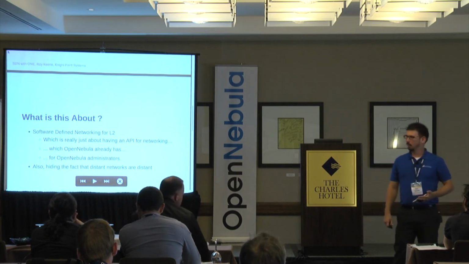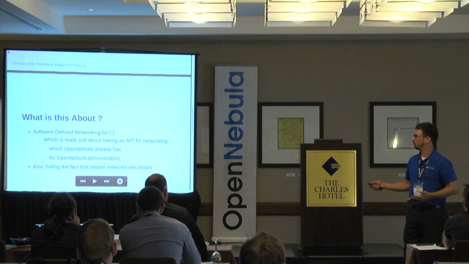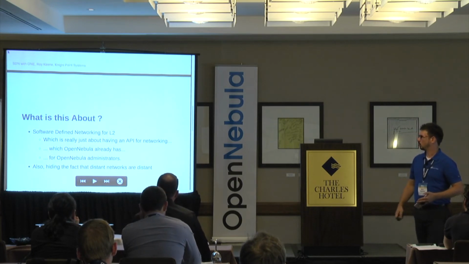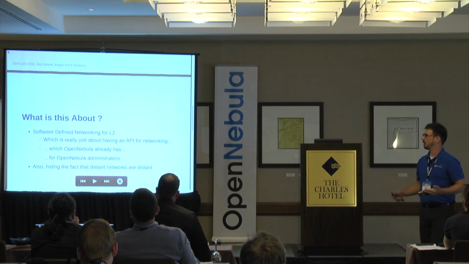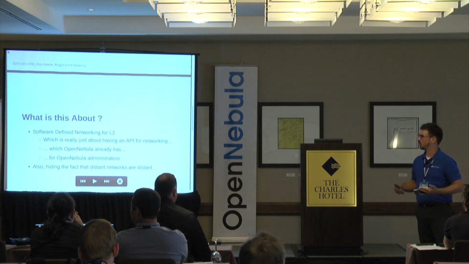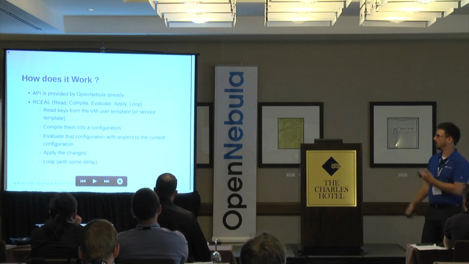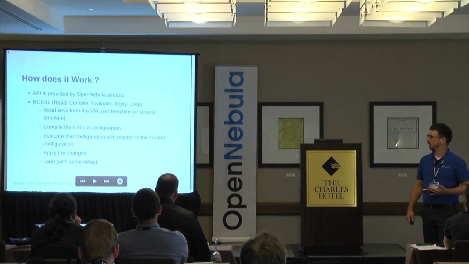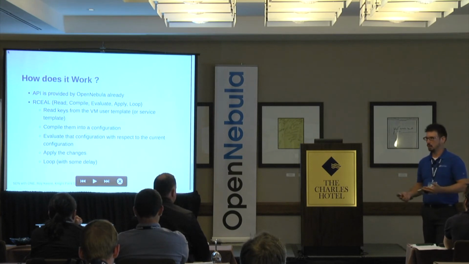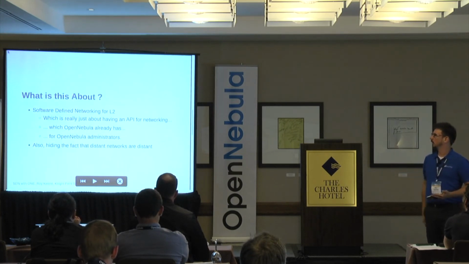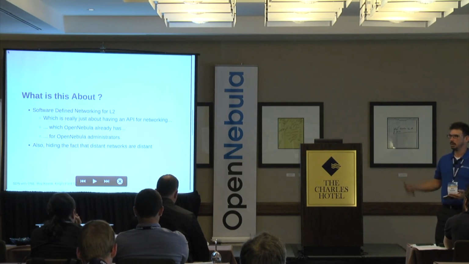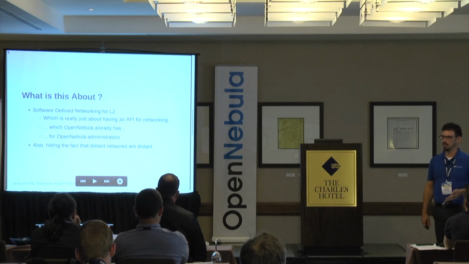But yeah, this was just a real short project, and it was one of our first projects that used this particular idiom of read, compile, evaluate, apply, and loop, and that's been really helpful because we don't have to define a new API endpoint for every application we create, especially because the networking device here, layer 2, doesn't have an IP address. If you wanted to connect to it, you'd have to figure out how you're going to get to it.